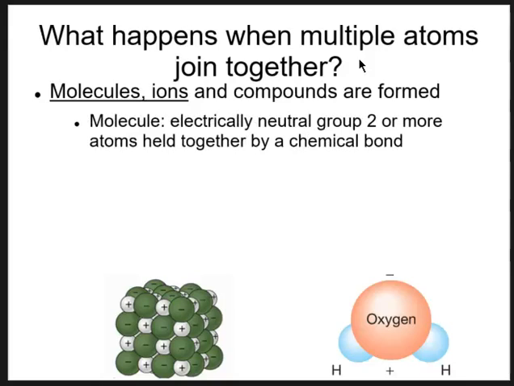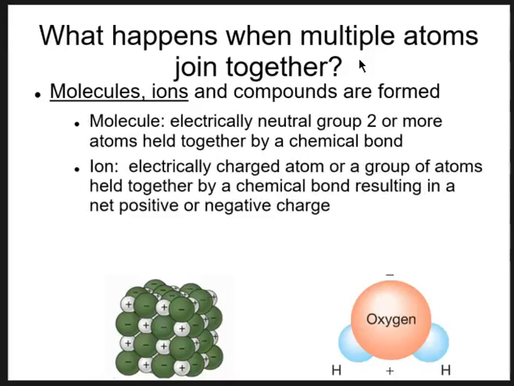An ion is an electrically charged atom or a group of atoms held together by a chemical bond resulting in a net positive or net negative charge. So ions are charged, right? If you think of things being conductive, they're conductive because of the ions, because you can have a current running from one electron to the next because of the charge.